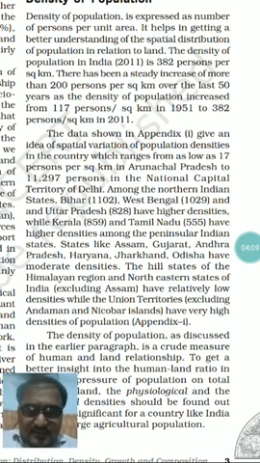As per the 2001 census, India was the third most densely populated country of Asia, just after Bangladesh and Japan. But by the 2011 census, India became second in density in Asia, just after Bangladesh.